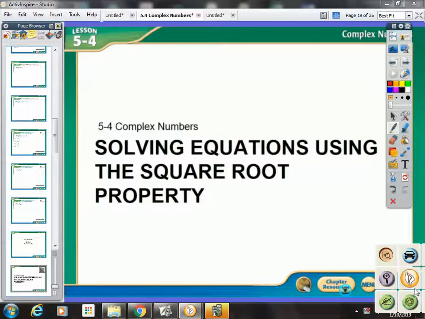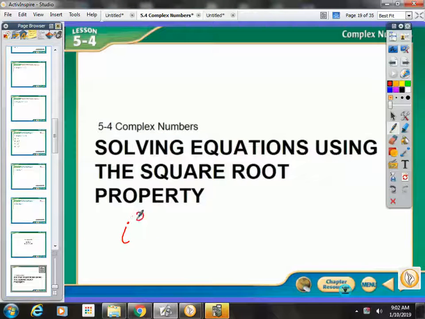Yesterday we learned that if we have something like i squared, that's equivalent to what? -1. We also learned that if we take the square root of -1, that's equal to what? We're going to use those concepts today to solve some equations.